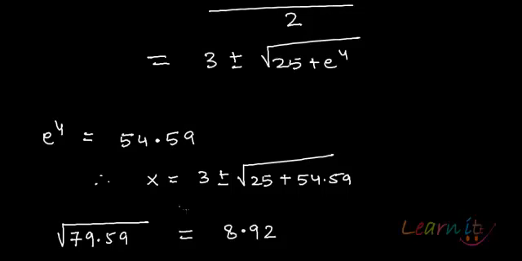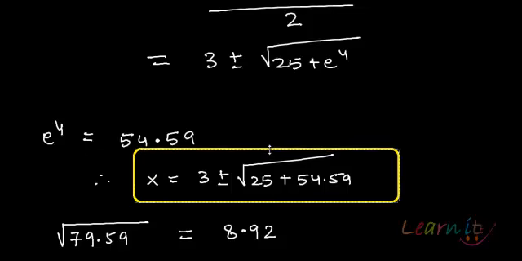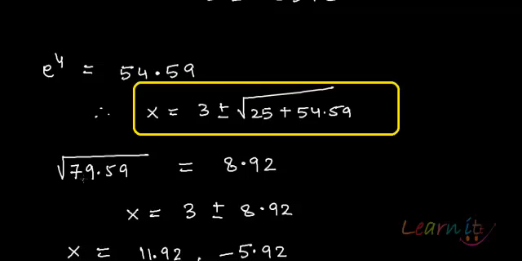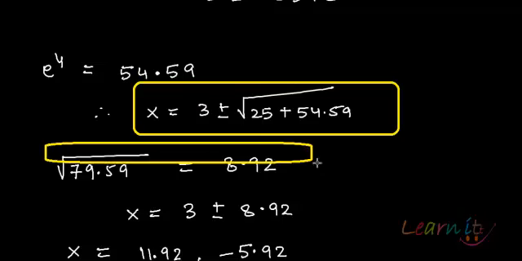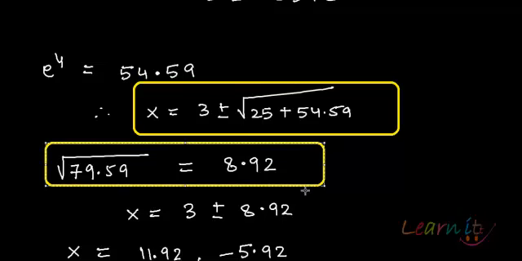Now e⁴ is the number 54.59. So my x becomes 3 plus or minus the square root of 25 plus 54.59, and 25 plus 54.59 is 79.59, and the square root of 79.59 is 8.92.